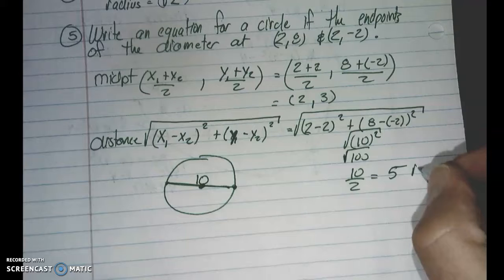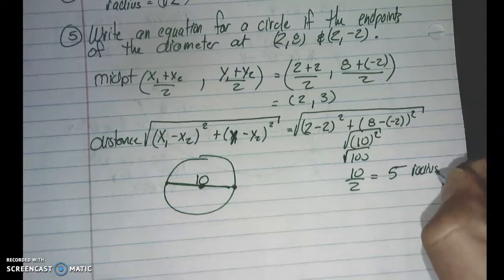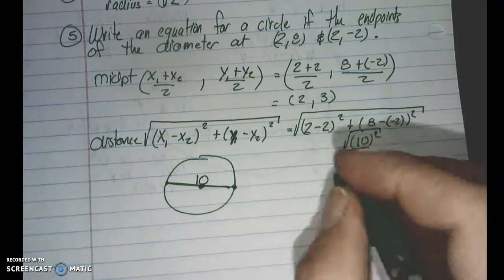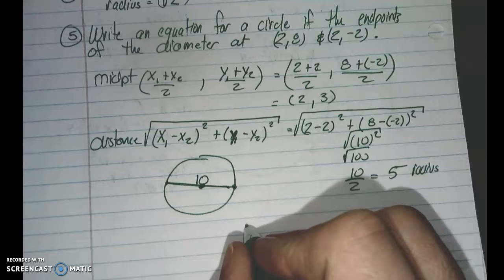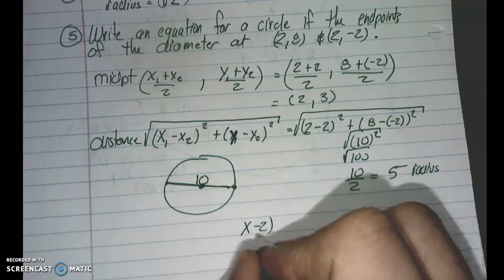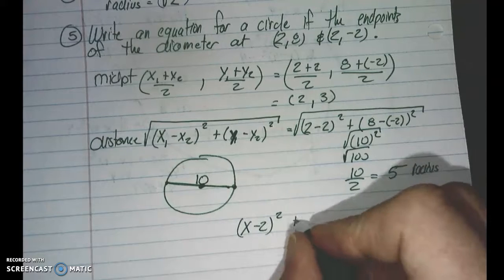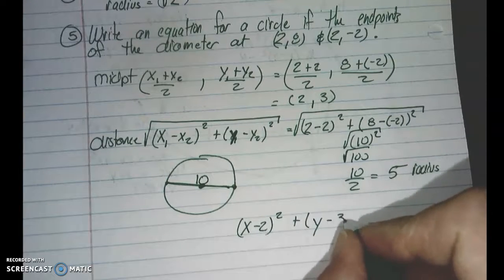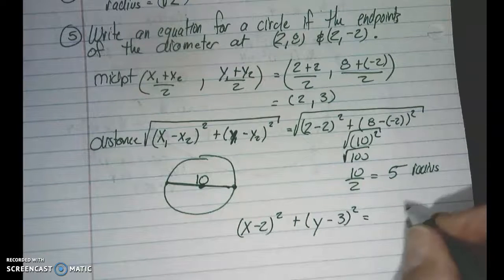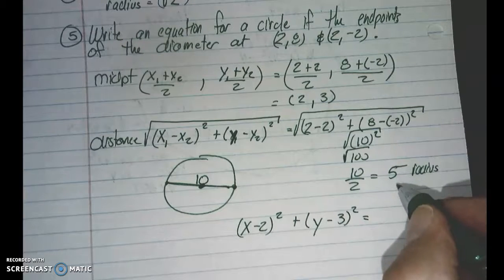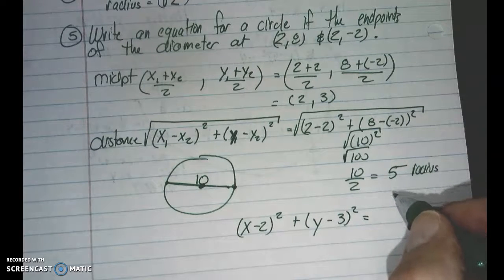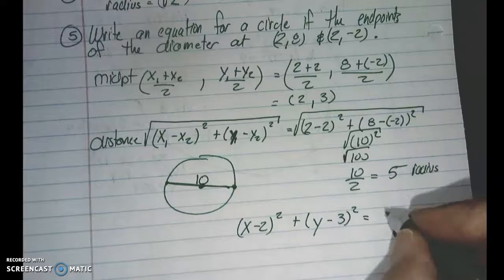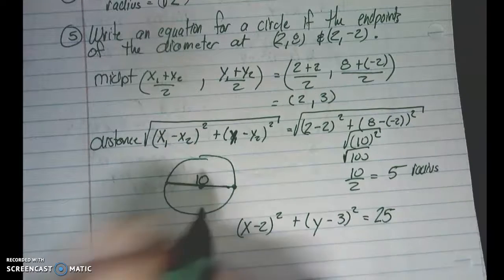So my radius is 5, okay? So now my equation is going to be x minus 2 squared plus y minus 3 squared is equal to, and then I have to do what with that radius? Square it, so it's actually 25.